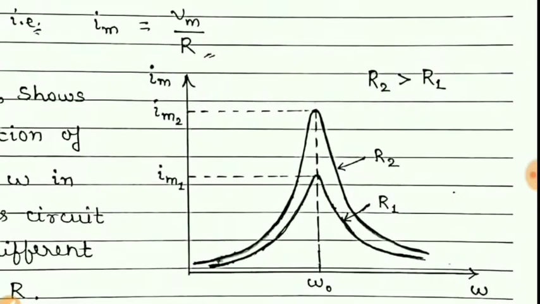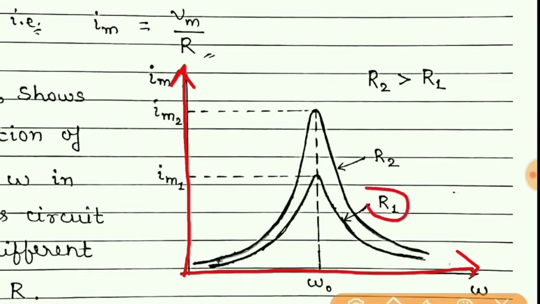Students, you can see this graph of omega versus Im, that is the maximum value of current. When a small value of resistor is used and the frequency is increased from 0, then we will get this type of curve.